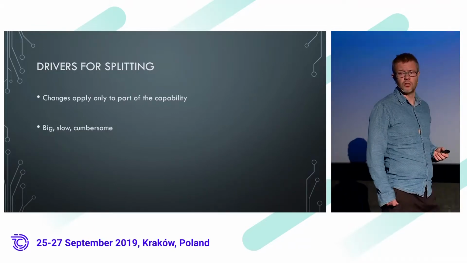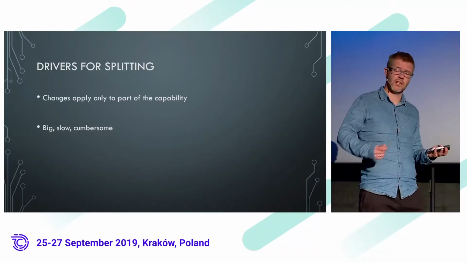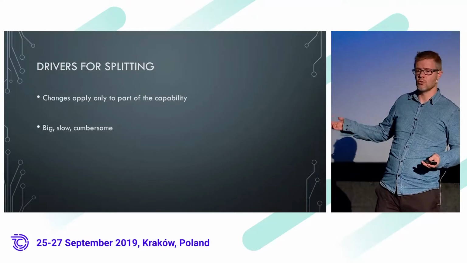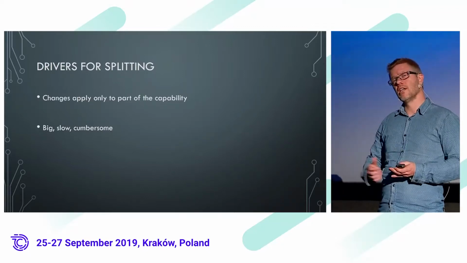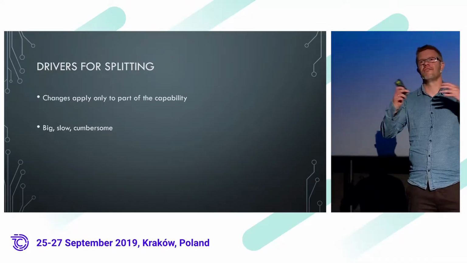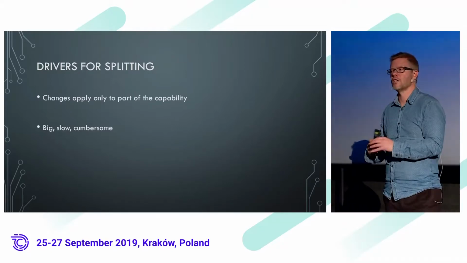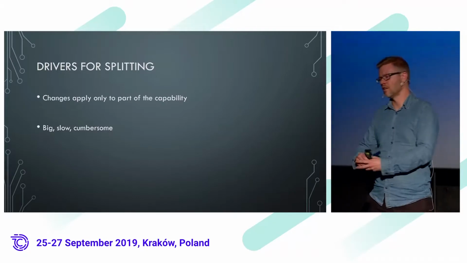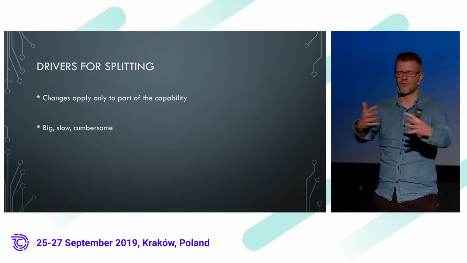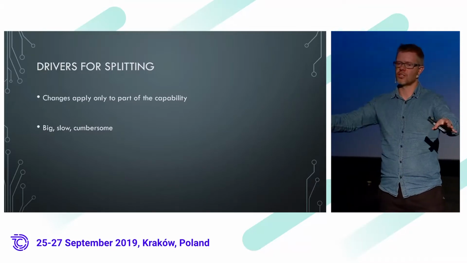We can also look at what the drivers for splitting a microservice might be. Often it's these two bullets: noticing that many of the changes we make to a microservice don't affect much of the microservice. They group, so sometimes it's this part of the code and sometimes it's that part of the code, and it doesn't really tend to be across those parts.